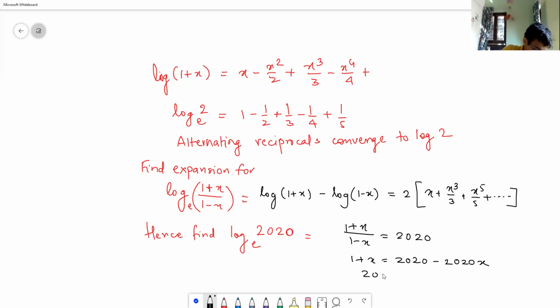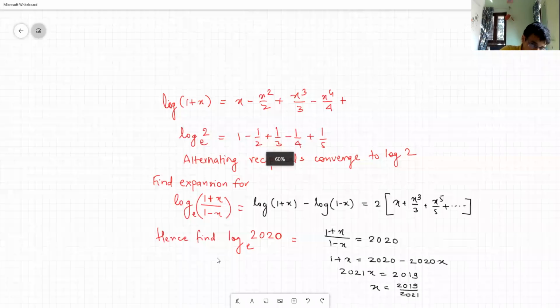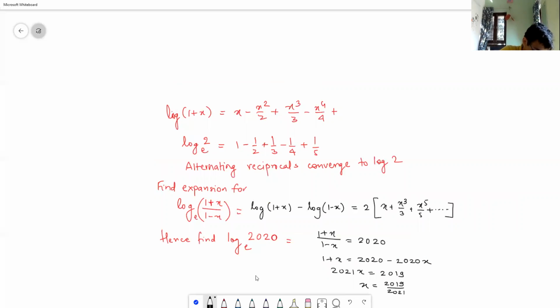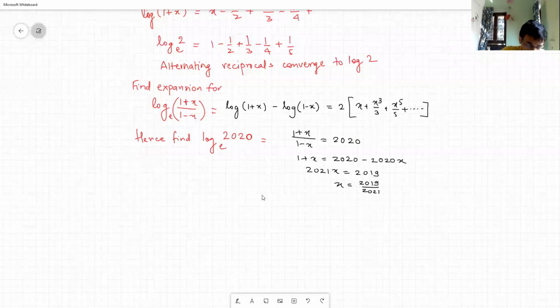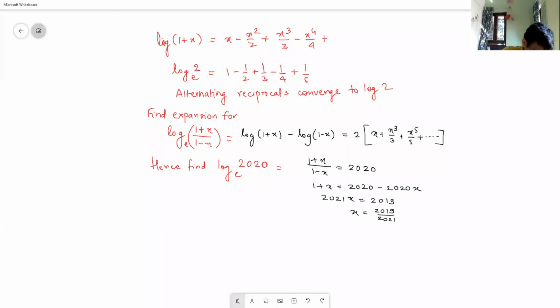So 2021x is equal to 2019. Therefore, x is equal to 2019 upon 2021, and it is less than 1. We want it to be less than 1 so that we can use our log 1 plus x series effectively. No problem with that.